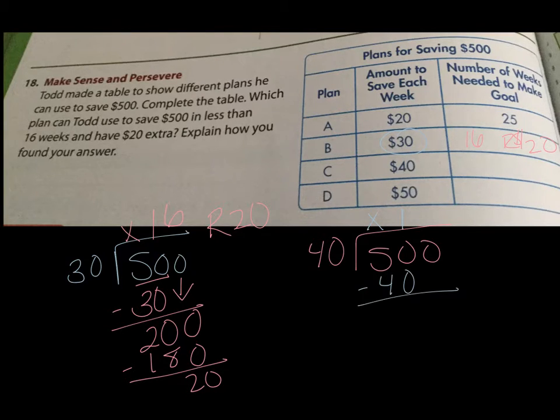Equals 40. Subtract, and you have 10. Bring down your other 0. 40 is going to go into 100 2 times. 2 times 40 is 80. Subtract, and you have 20. Remainder of 20. That would take him 12 weeks.